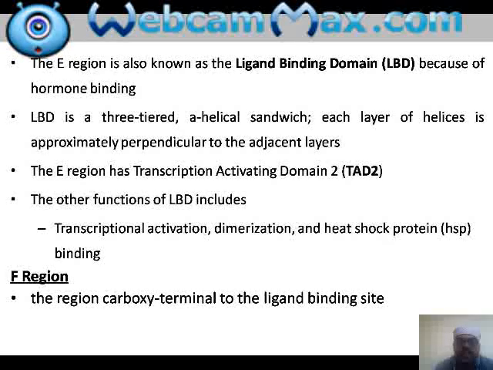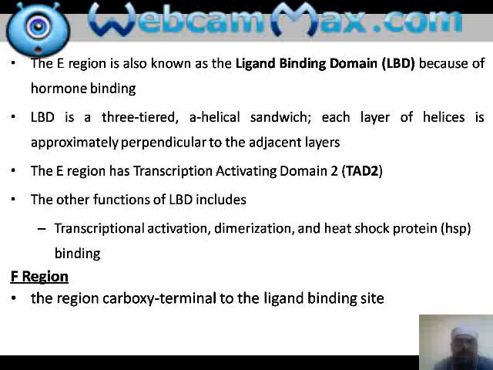This is an important function of the E region: it binds to the ligand, and when it binds to the ligand, it initiates other functions like transcriptional activation, dimerization, and heat shock protein binding.